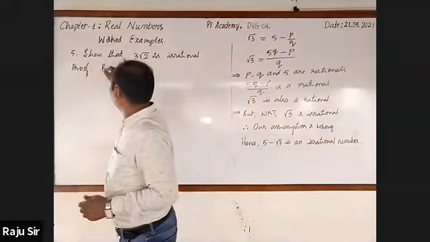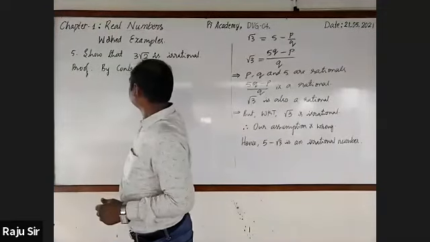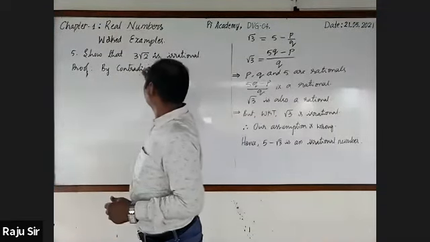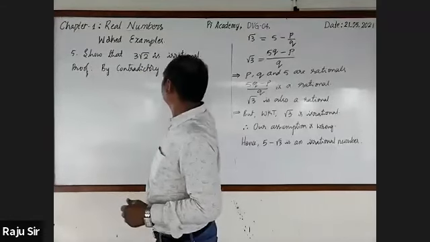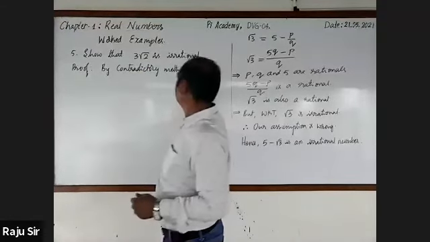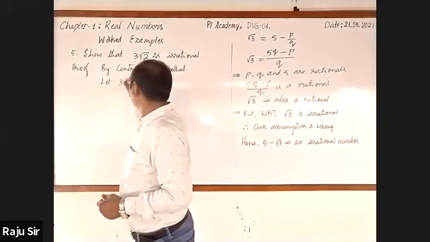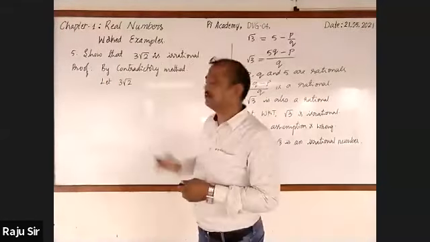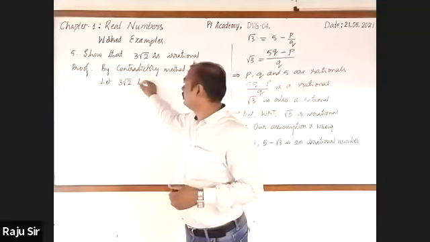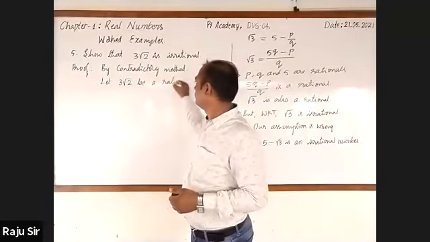By contradictory method, assume 3 into root 2 as rational. Let 3 into root 2 be a rational.